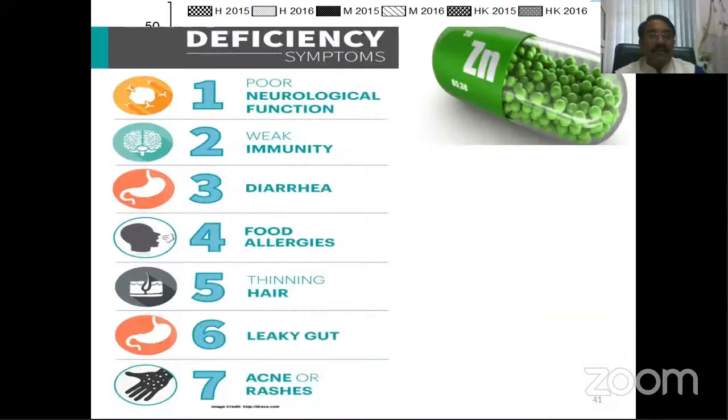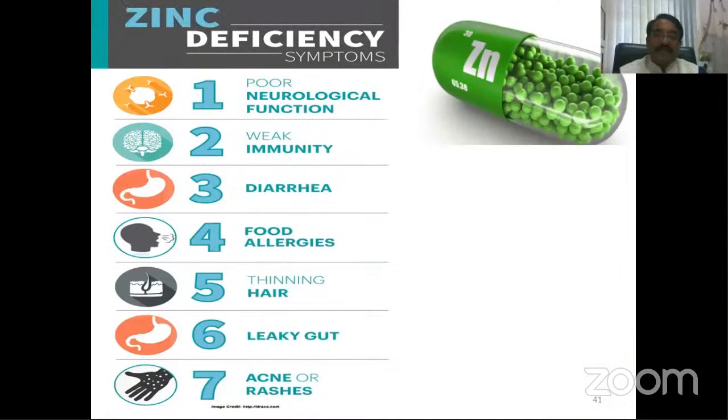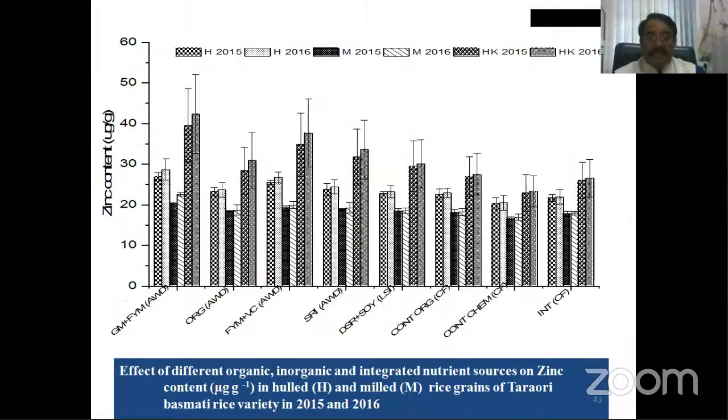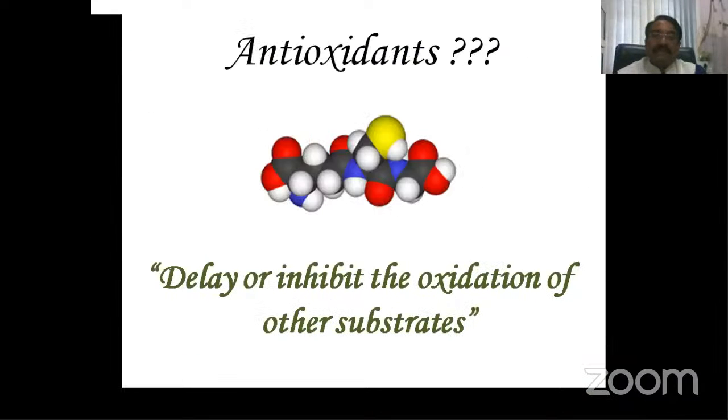Iron content has also increased. And due to zinc deficiency, several diseases occur in human beings. So the zinc content in the basmati rice, both hulled and milled rice, has also increased.